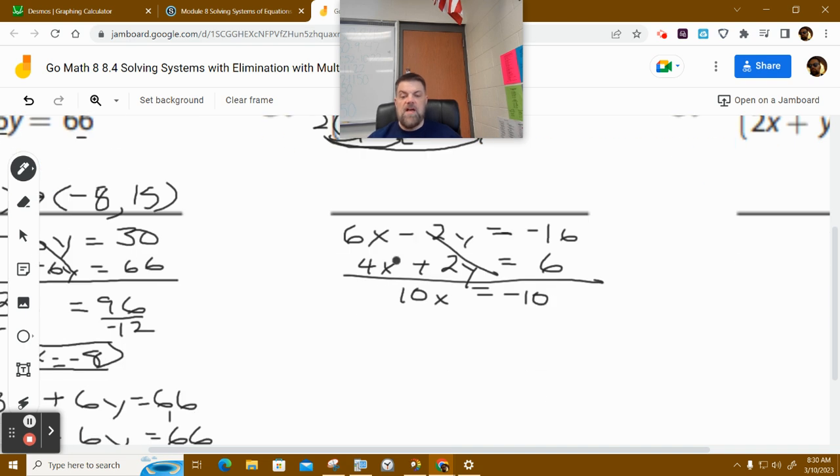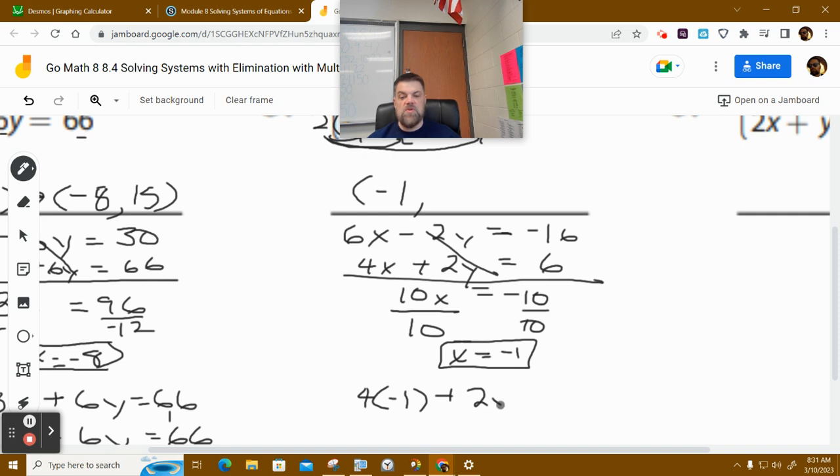Right? Divide both sides by 10. And I get x equals negative 1. Well, that was pretty easy, right? Oh my gosh, they're going to play in there. I don't know why they do that. Anyways, so now the next thing we're going to do is take this original equation, which is 4x, but instead of x, I'm going to put in a negative 1, plus 2 times y equals 6.